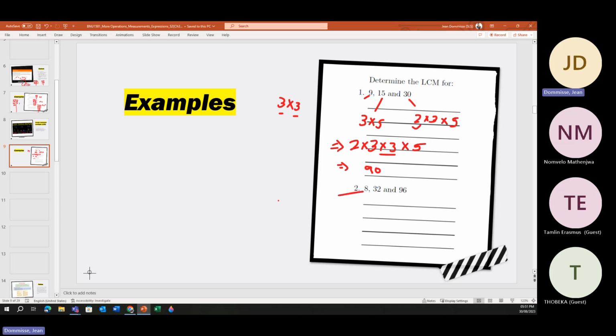So 8 is 2 times 2 times 2. 32, sure. 2 times 2 times 2 is 8, times 2 is 16, times 2 is 32.